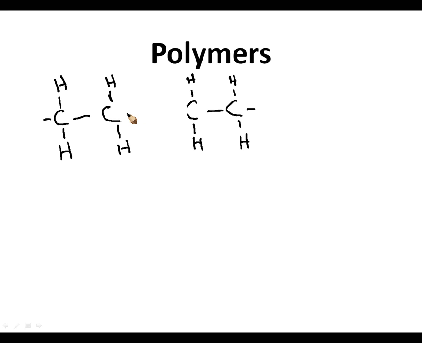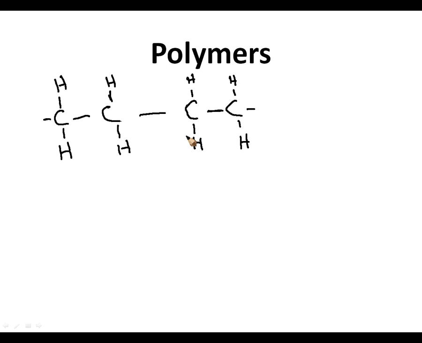I've drawn them a little bit far apart, but we can get a full bond forming in between these two carbons here. And at the ends here, this isn't a full bond, it's just a single electron. But if we put another ethene molecule here, then that double bond could open up, and we'd get a single electron that could pair with this one to form a bond there.